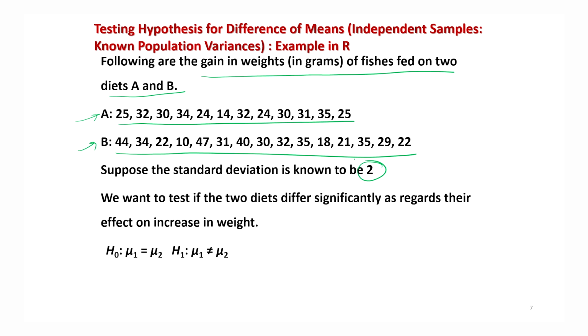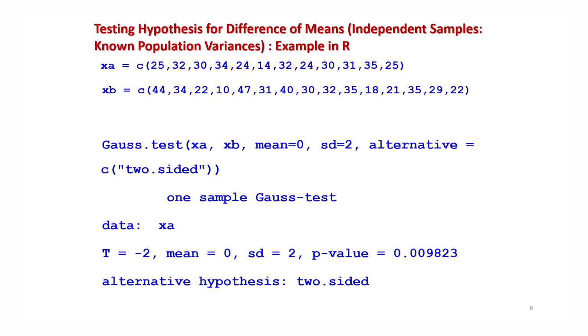We want to test if the two diets differ significantly in their effect on the increase in weight. This standard deviation 2 is actually the value of sigma1 square upon n1 plus sigma2 square upon n2, so I'm just assuming it to be known. Now I give this data in two data vectors, xa and xb.